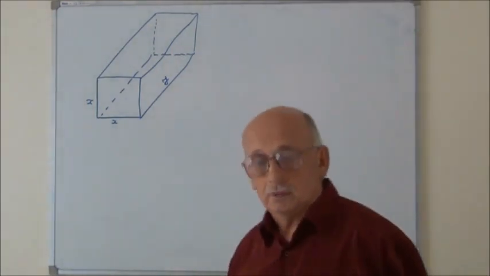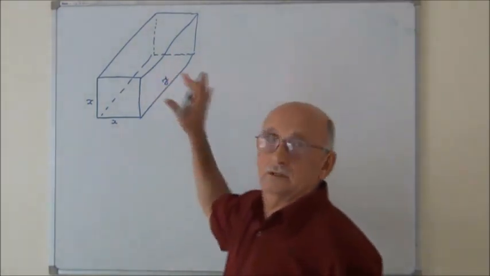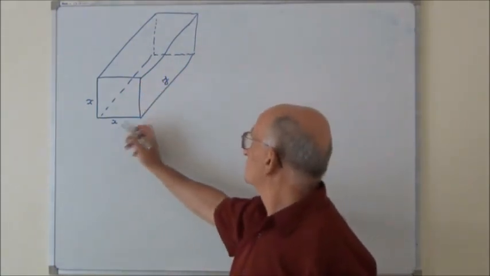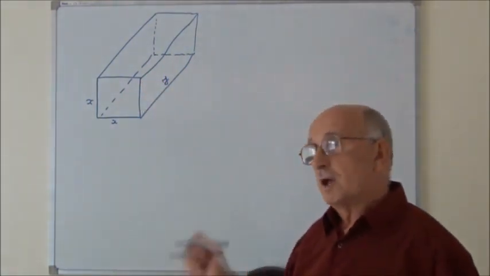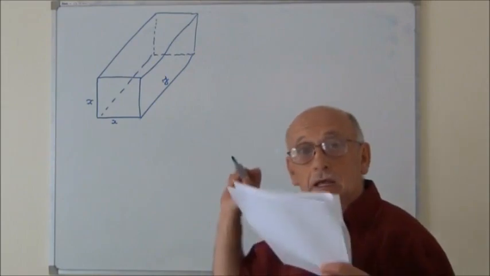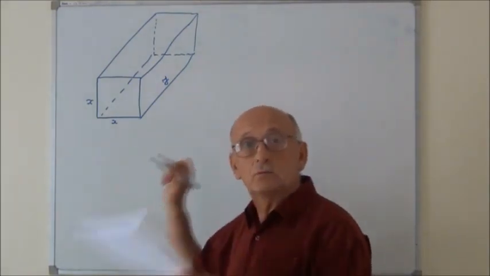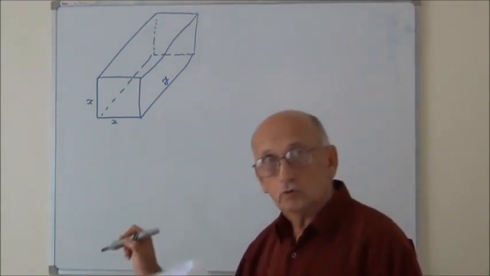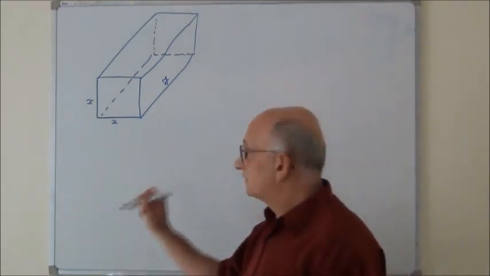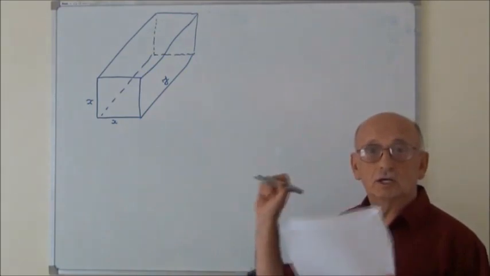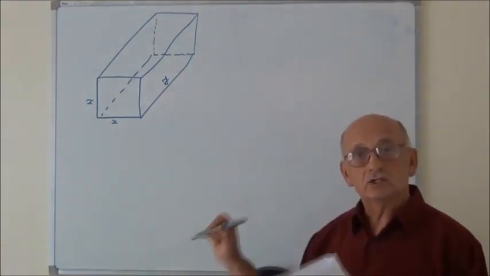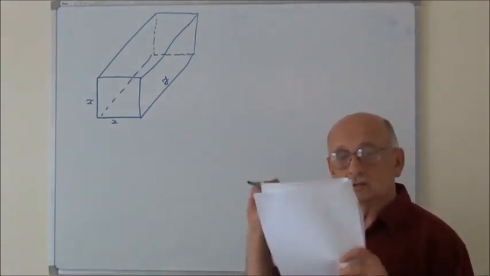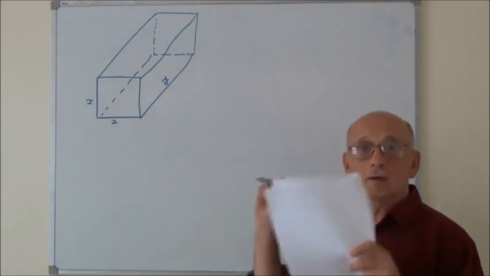We have to find the dimensions of that box, in this case x and y, to have maximum volume. That will be our major equation, the equation that we should differentiate later on.